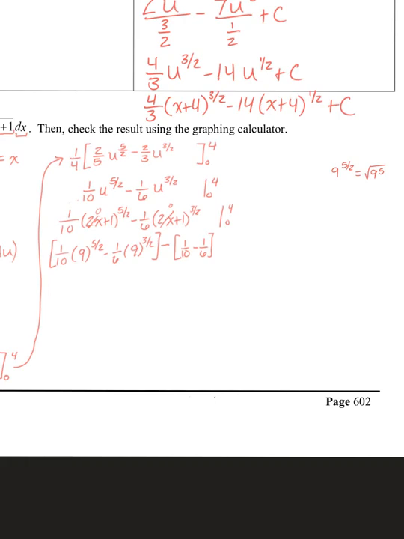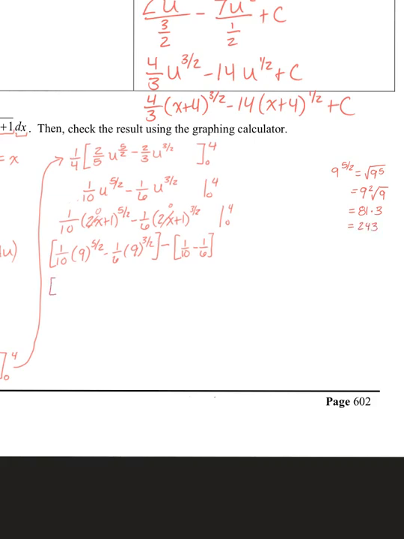So if I have 5 9s, I have 2 groups of 2, so I would have 9 squared, and I would have 1 left over. Well, 9 squared is 81. The square root of 9 is 3. 81 times 3 ends up being 243.